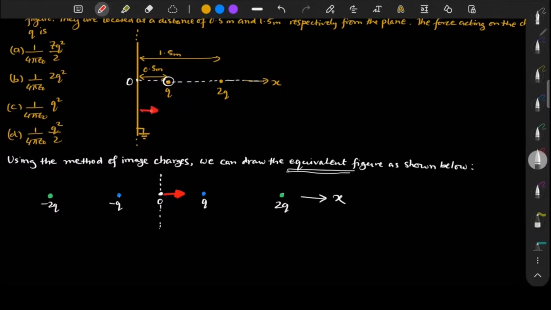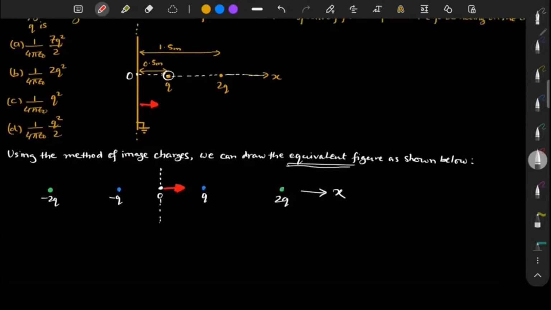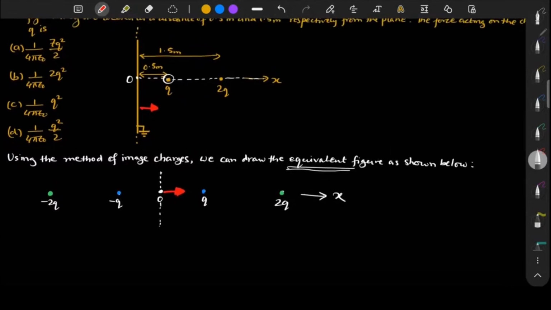And why does this image charge configuration work? Well, because this image charge configuration that we have along with the charge configuration on the right hand side give us the potential V equal to 0 along the plane situated at the origin and perpendicular to the x-axis. Because of this grounding, we know that infinite grounded conducting plane means that potential of the plane is 0.